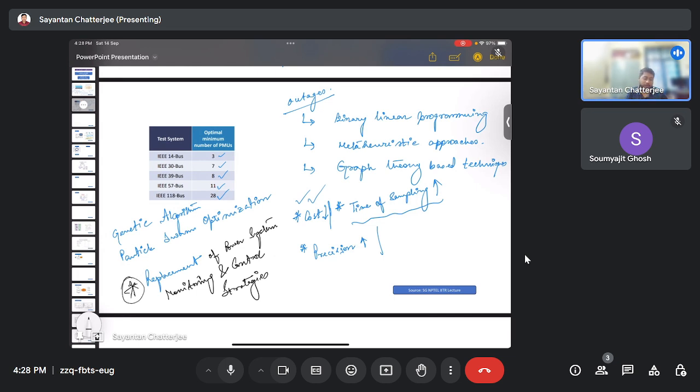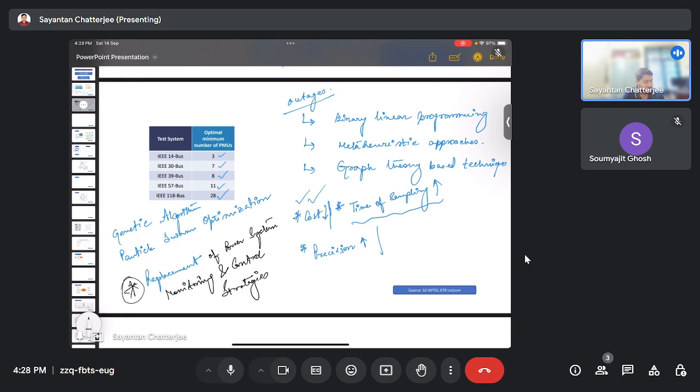So what we can do is slowly include them one by one, and someday in future we can see that systems can become observable, or rather fully monitored, using PMUs.